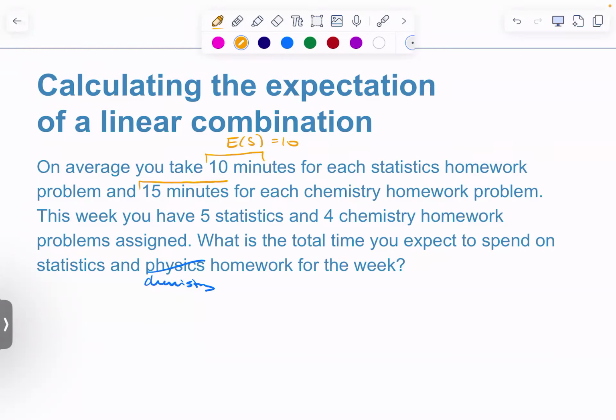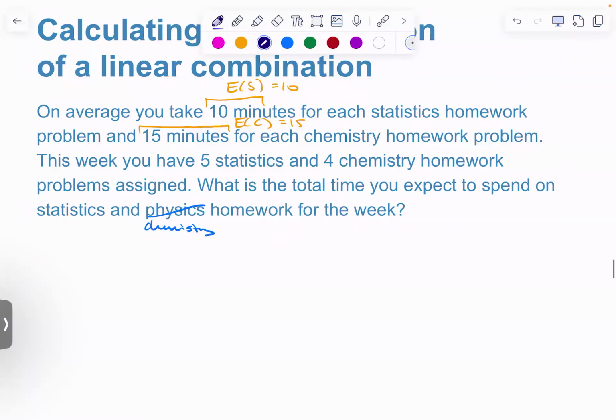And the expected time for a chemistry problem is 15 minutes. Now you're sitting there doing homework and you've got 5 statistics problems and 4 chemistry problems, and you want to find how long this is expected to take.